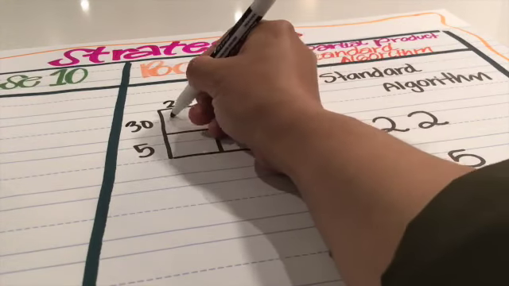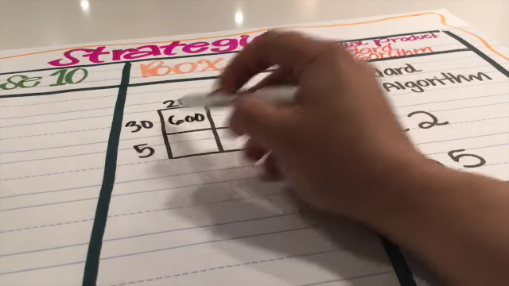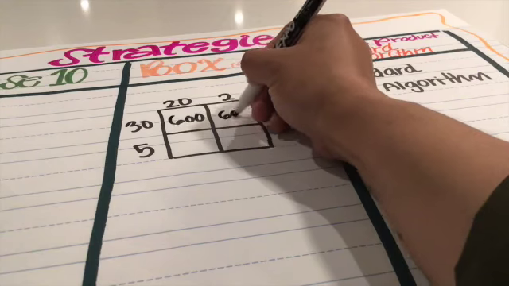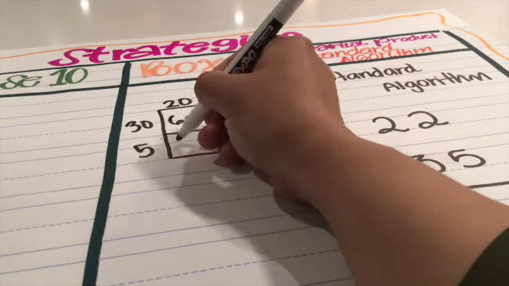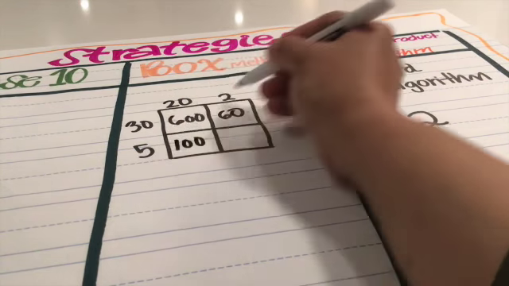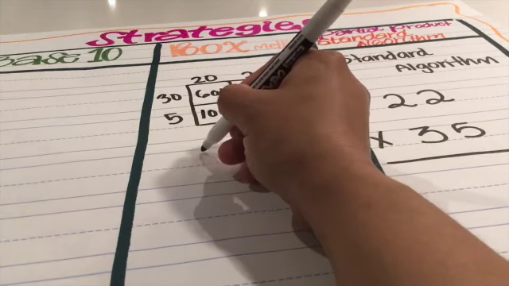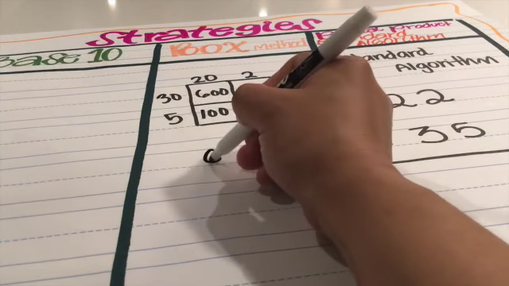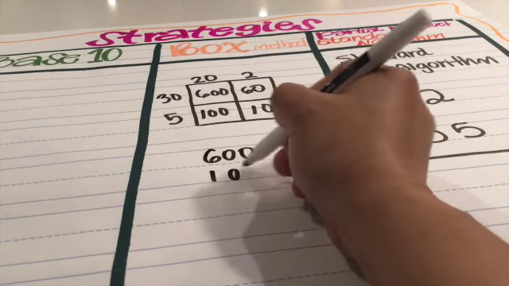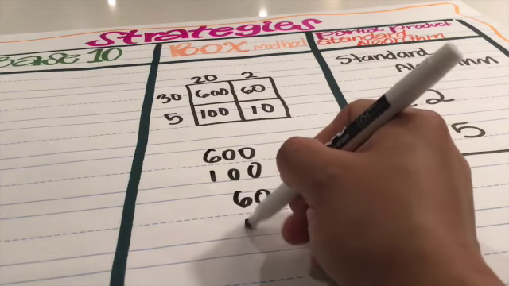So we multiply 30 times 20 is equal to 600. Now 30 times 2 is equal to 60. 5 times 20 is equal to 100. And 5 times 2 is equal to 10. And what we do now is add all those values inside the box: 600 plus 100 plus 60 plus 10.